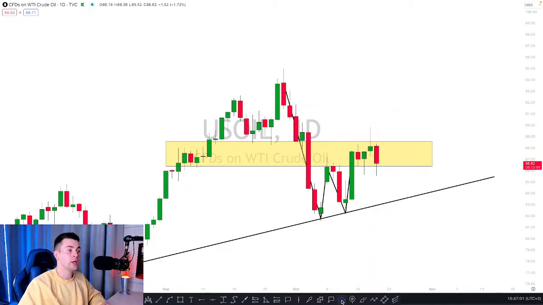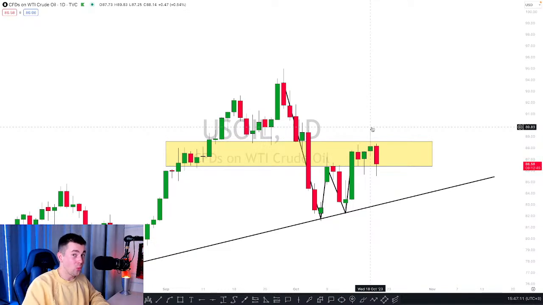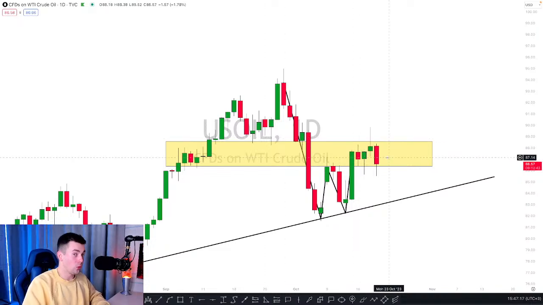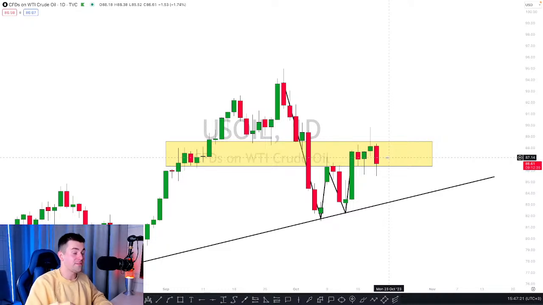And even though we saw the breakout attempt of that resistance, even though we saw that buyers were trying to violate that structure, you can see that we did not manage to close above that. That structure still holds. So you should still look for a valid bullish signal.